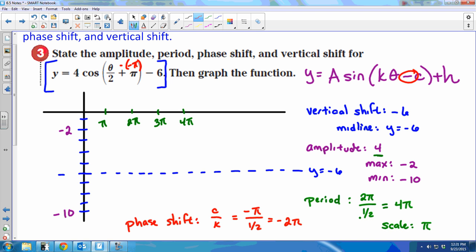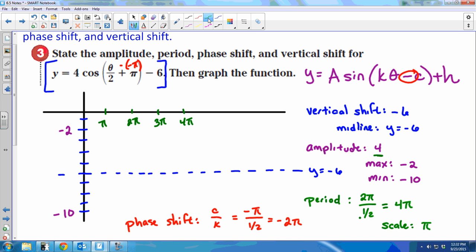Everyone know where that came from? This is the time to ask, because we only have one example. All right. Because we're going to shift negative 2 pi, that means normally when we start a graph, we start on the y-axis. Our first point is at x equals 0, right?